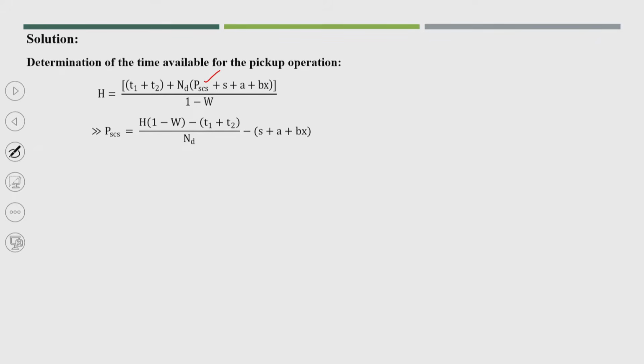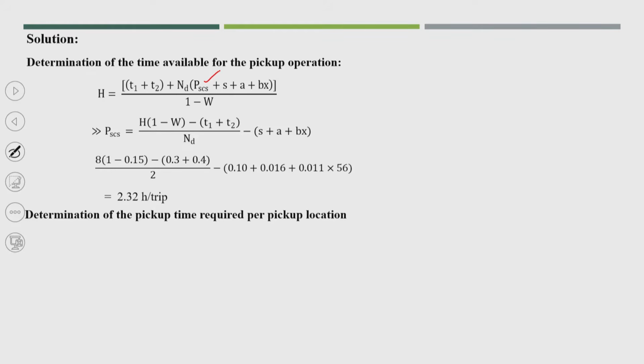The PSCS will come up in this way, and the data are already given: H is 8, 1 minus W is 0.15, T1 and T2 are 0.3 and 0.4, S, the side time, is 0.1, and these are the constants A and B, and X is given as 56 and ND is 2. By that way we can calculate the pickup time is 2.32 hour per trip.